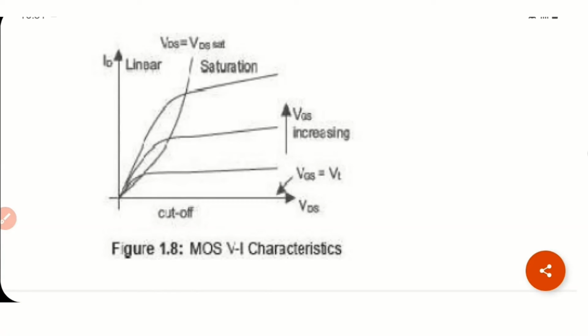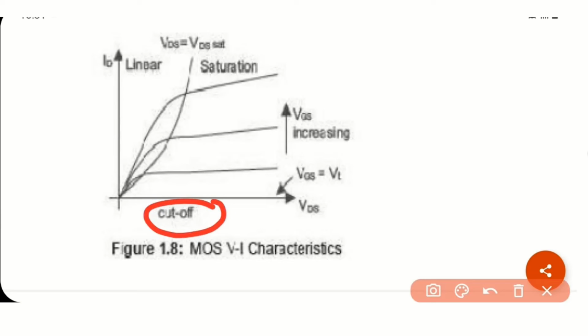So you are having the cutoff region when your VGS is equal to VT. Then comes the linear region when there will be a linear increase in the current. And once your saturation region has been achieved, then your current does not depend on the applied gate source voltage.